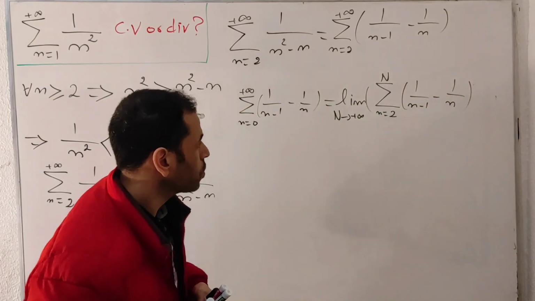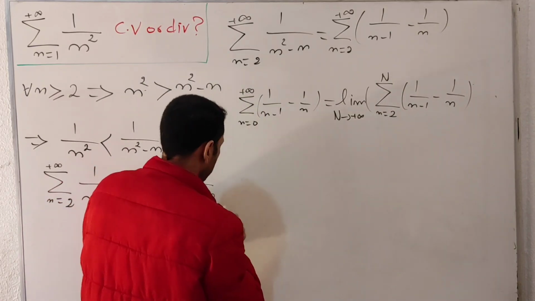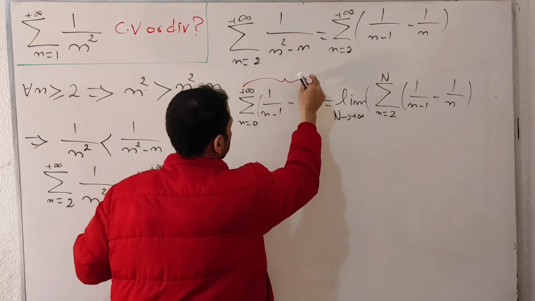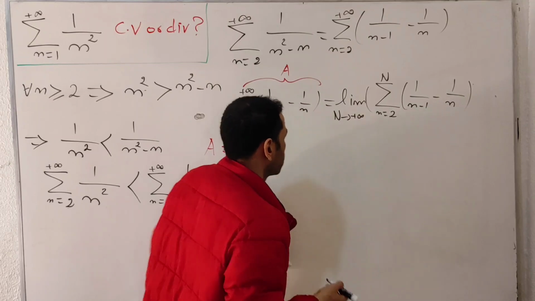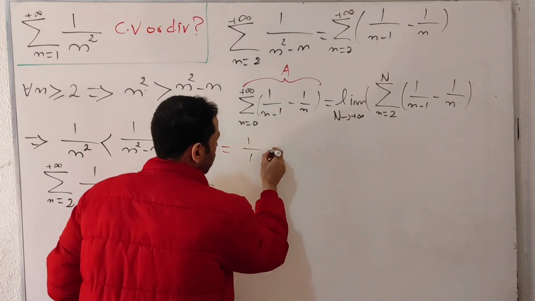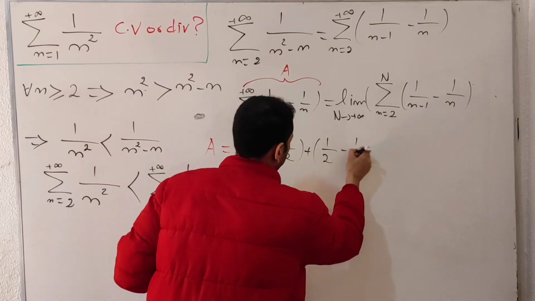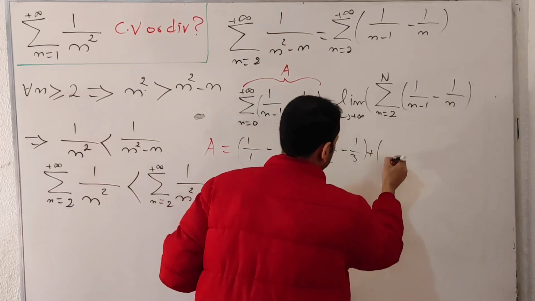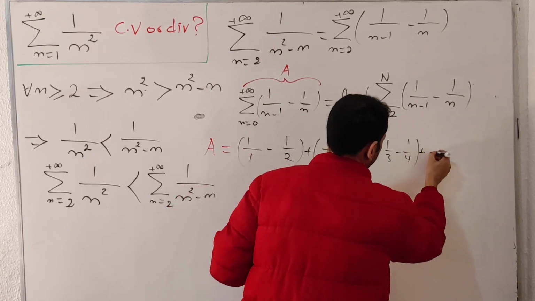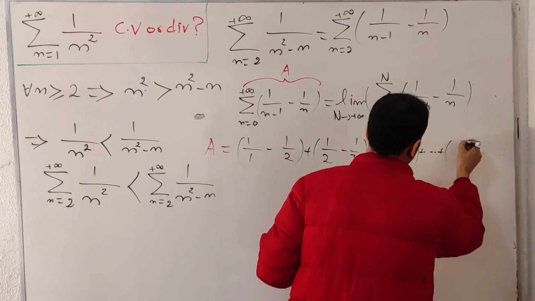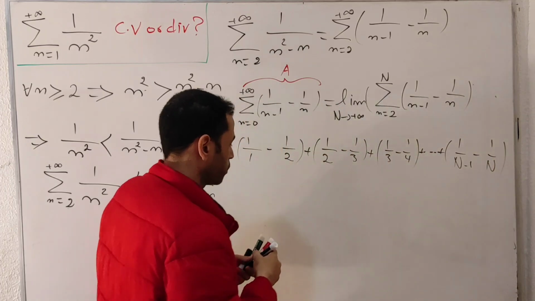So I'm going to expand this one, and let's call it capital A. Expanding this out, I will get 1 over 1 minus 1 over 2, plus 1 over 2 minus 1 over 3, plus 1 over 3 minus 1 over 4, and so on and so forth until you get the last term, which is 1 over capital N minus 1 over capital N plus 1.